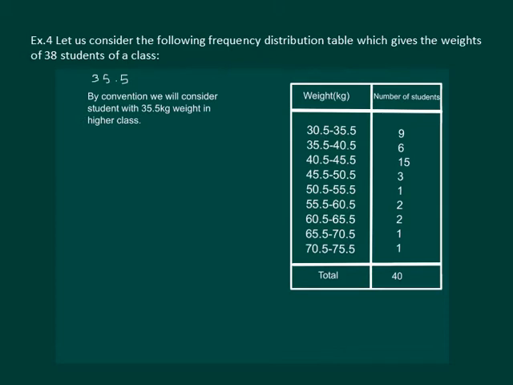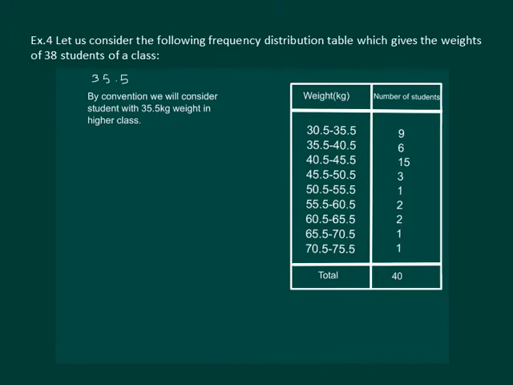We say that by convention we will consider the student of 35.5 kg weight in the higher class. That means we will consider him in 35.5 to 40.5 and not in 30.5 to 35.5.